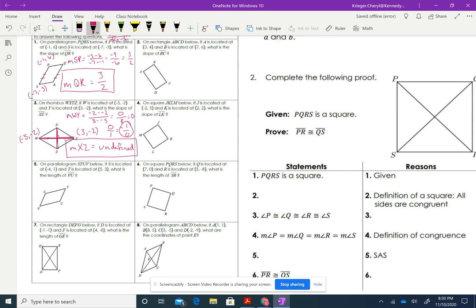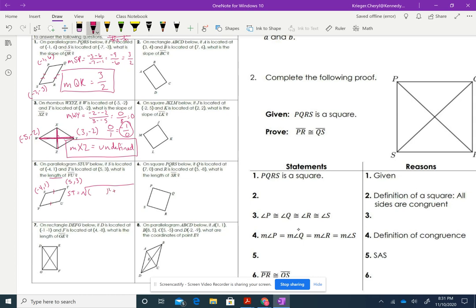Okay, number 5. Parallelogram STUV. S is located at -4, 1, and T is located at 5, 3. Find the length of VU. Length, we're finding the distance. So we know that parallelograms have opposite side lengths that are congruent. So I'm going to find the distance of ST and say that it's the same thing as VU. So let's use distance formula.